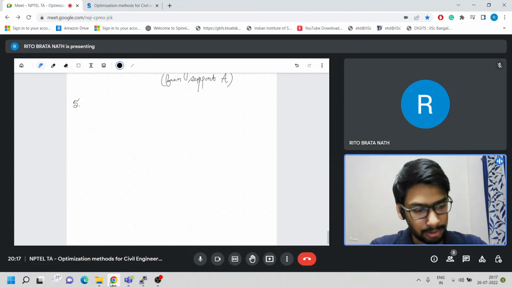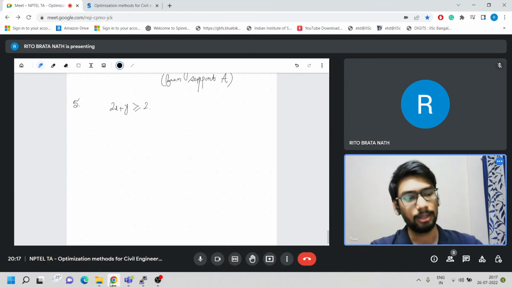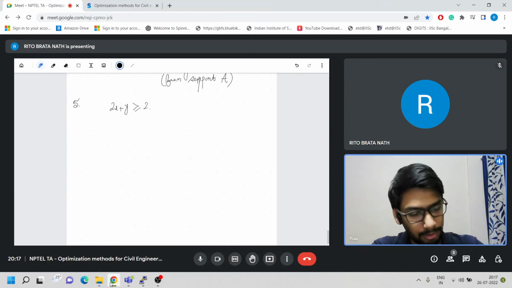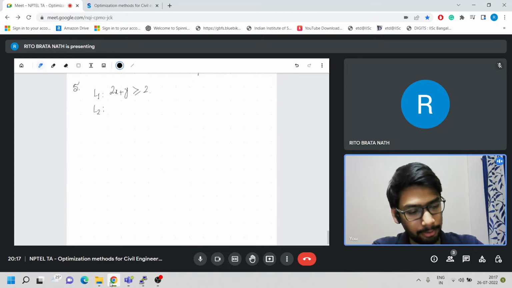Now suppose I have a line, say 2x plus y greater than or equal to 2. Suppose this is your line 1. And then suppose you have another line, which you call line 2, with the equation x minus y less than or equal to 3.